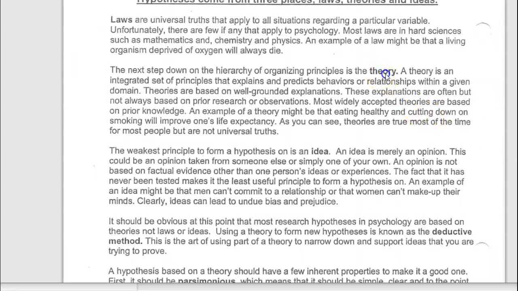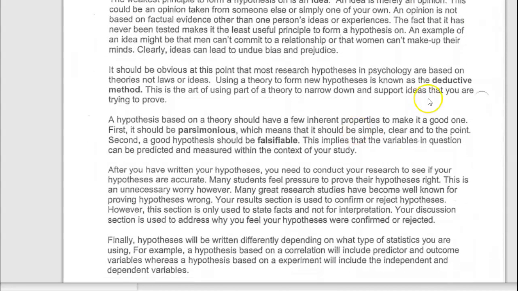In psychology, it's usually theories that we are researching. We talked about the deductive method and parsimonious versus falsifiable. Parsimonious means simple. You want your hypothesis to be very easily understood and straight to the point, but also we want to be able to prove it right or wrong. It needs to be falsifiable.